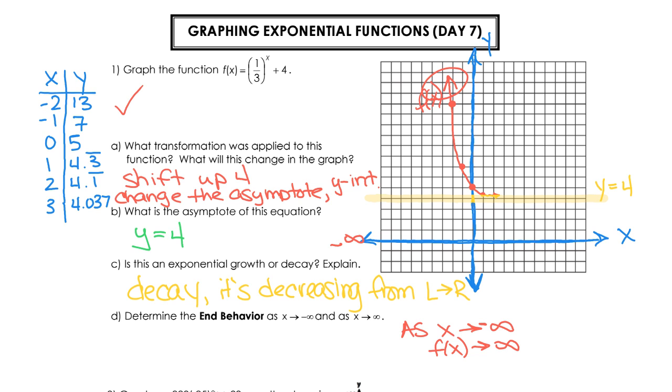Okay. And we'll do our second one as x approaches positive infinity, which is this end here. They're talking about what this end of the graph is doing, and it is also going down, but it is not going to be going down towards negative infinity. It will be going down and getting closer and closer, or approaching 4, since that's the asymptote. Okay. All right. So this one is finished, and we got one more to do.